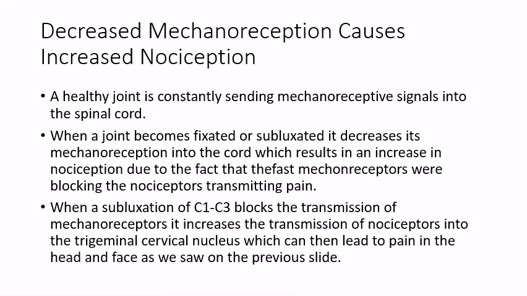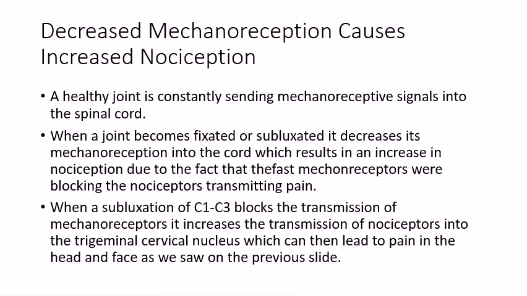So when a subluxation of C1, C2, or C3 blocks the transmission of the mechanoreceptors coming in, it increases the transmission of the nociceptors going into that trigeminal cervical nucleus that we saw on the previous slide. We know that the trigeminal cervical nucleus has a convergence of C1, C2, C3 along with the trigeminal nerve.